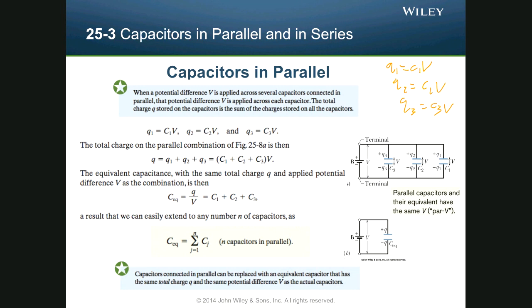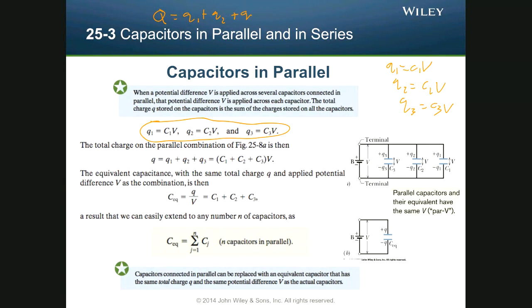Now, the idea of looking at a circuit in series or in parallel, or any circuit, is to get an idea of what's going on in totality. So the circuit stores a total charge Q equal to Q1 plus Q2 plus Q3.